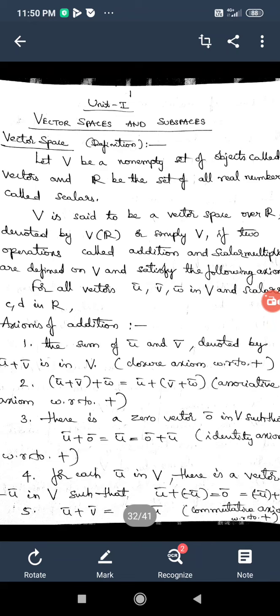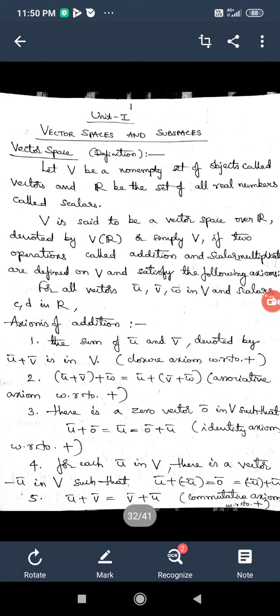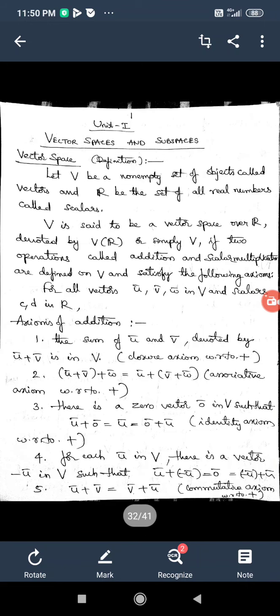or simply V, if two operations called addition and scalar multiplication are defined on the set V and satisfy the following axioms.